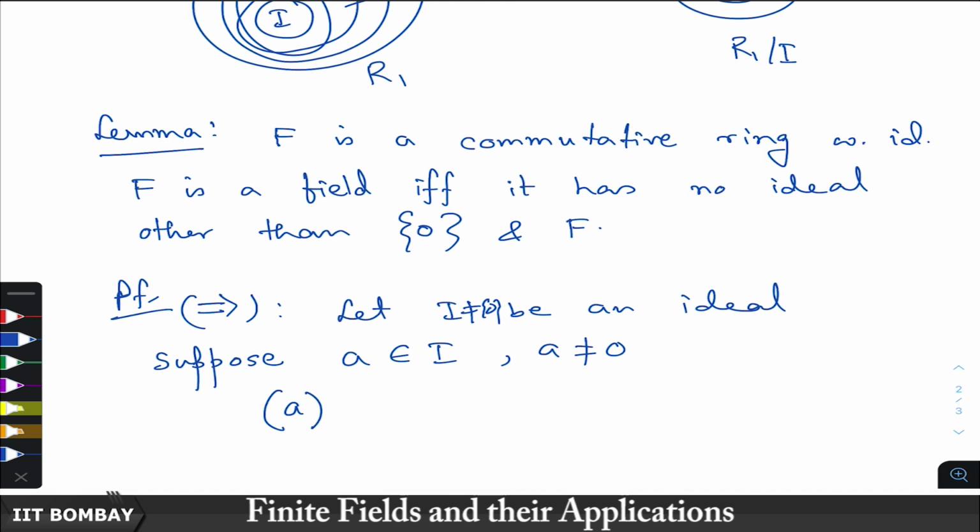Okay, because F is a field, we see that there is an element A inverse. A is a non-zero element, so it has an inverse in the field. So, what will be the ideal generated by A?